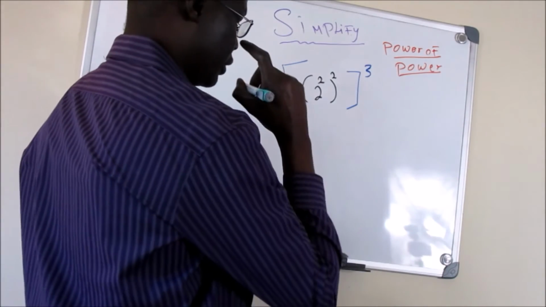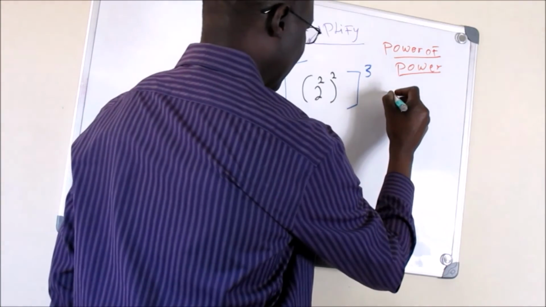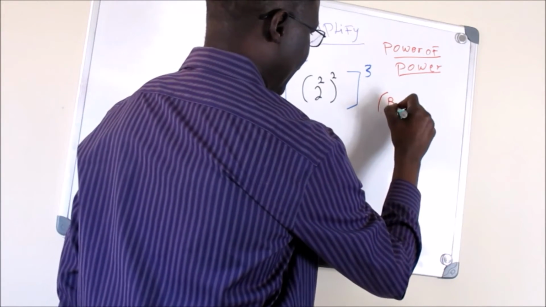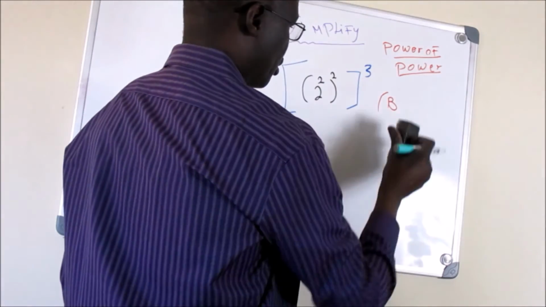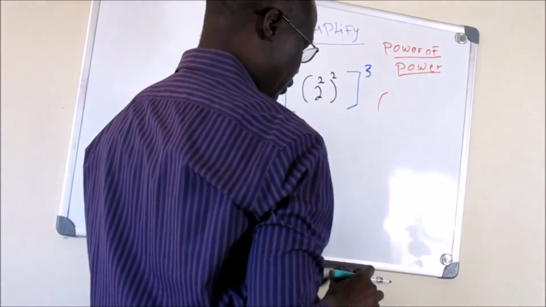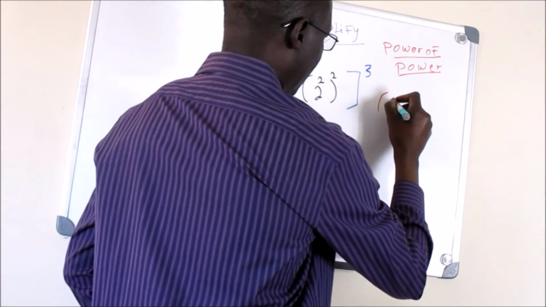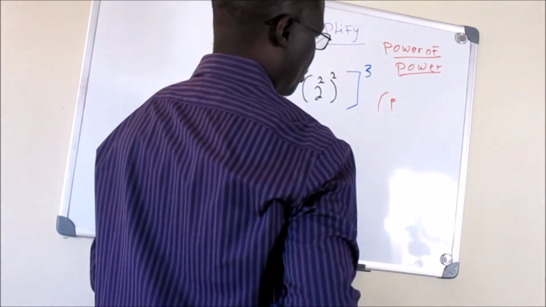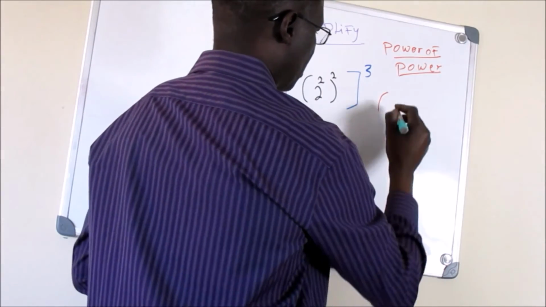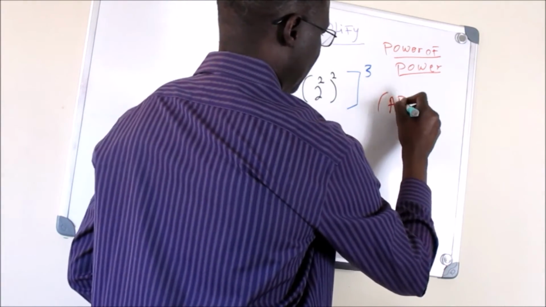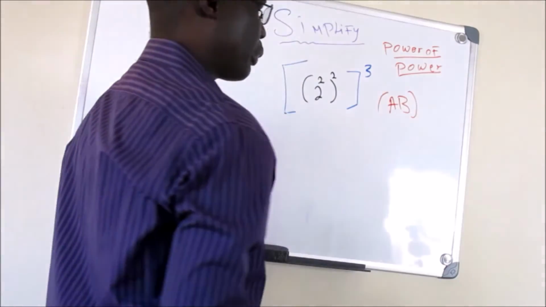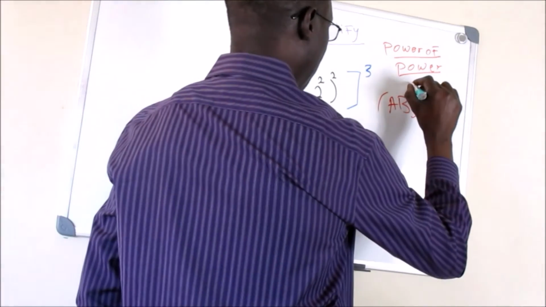Way back last year, we had an exercise where you have A, it can be A and B, but let's say you have A, AB, and the power 2.